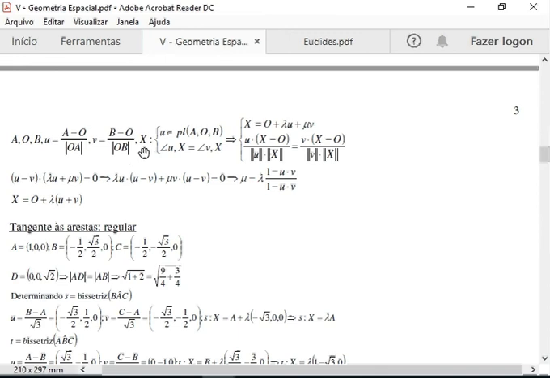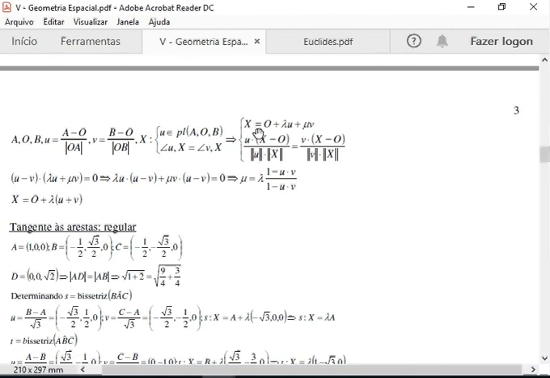We're going to name X the points that belong to the plane AOB, such that the angle between U and X is equal to the angle between V and X. So it's a bisector plane.